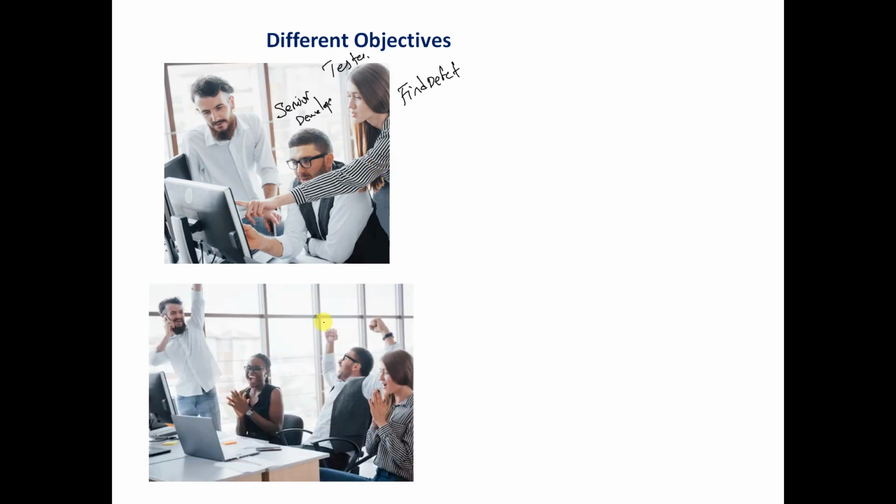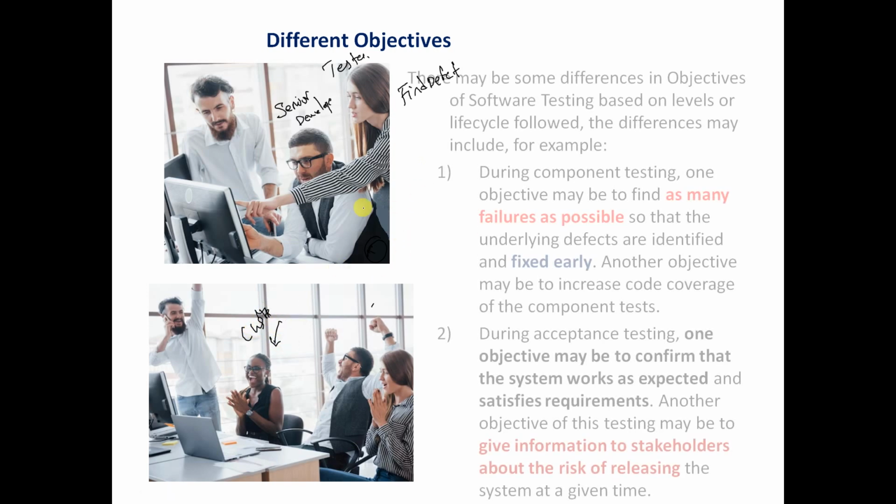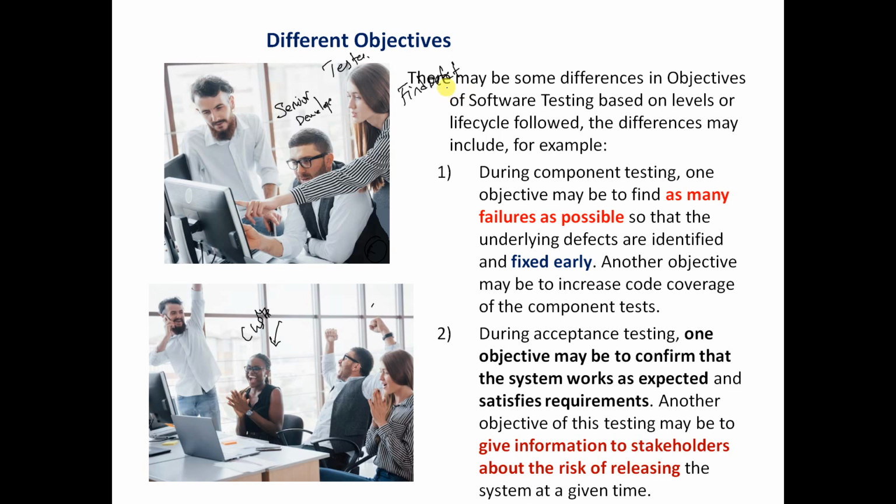All right, so the same team may have some confusion among themselves, but here everyone is enjoying, because this is with the customer. Here we have the customer. So that is what the different objectives are. There may be some differences in the objectives of software testing based on the levels or life cycle followed. The differences may include, for example, that during component testing, one objective may be to find as many failures as possible.